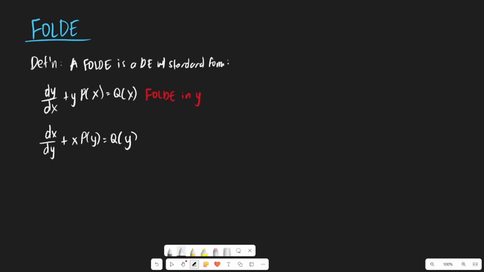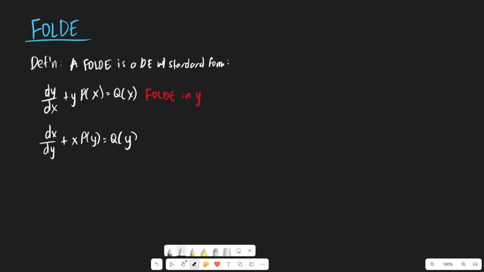So we basically just flipped everything. For the first one, we started with y, added y, and then multiplied in terms of x. Now for the next one, we started with x, we added x, and multiplied functions in terms of y.